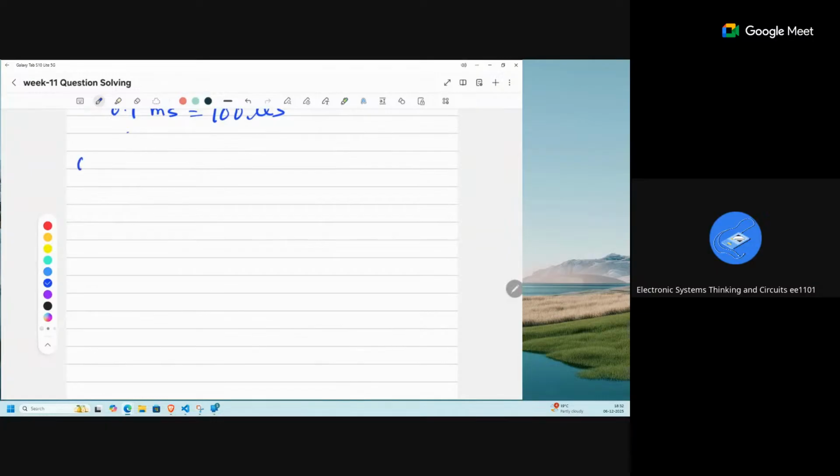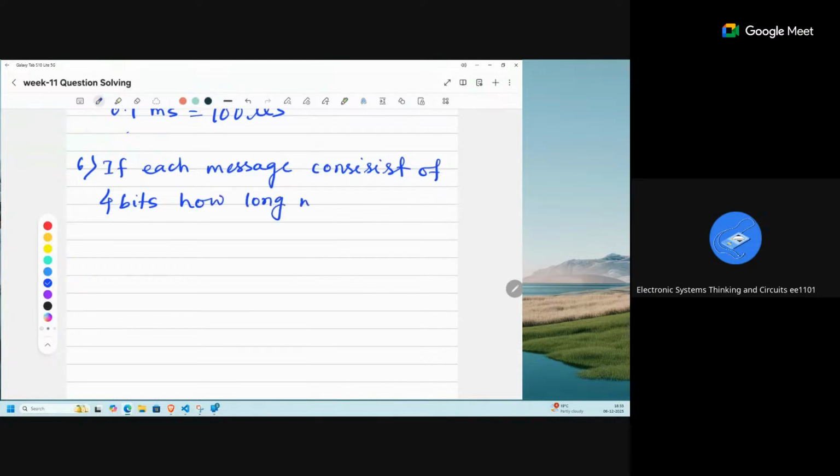If I say, and the question is, again, a little bit enhancing the question: if each message consists of 4 bits, how long will it take to send 10 messages serially at 10 kilohertz?